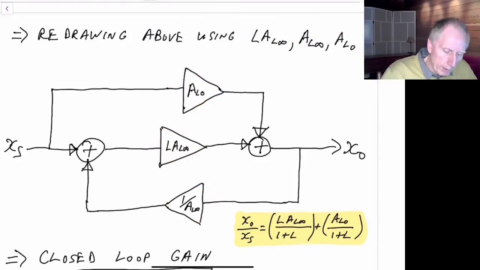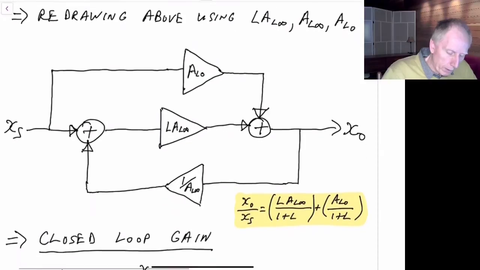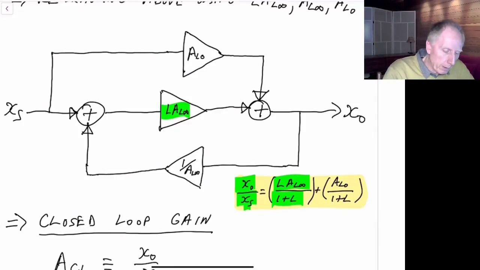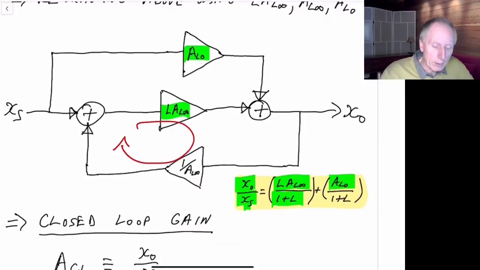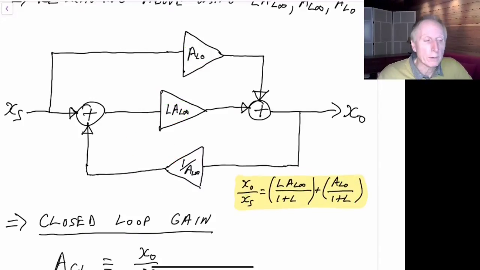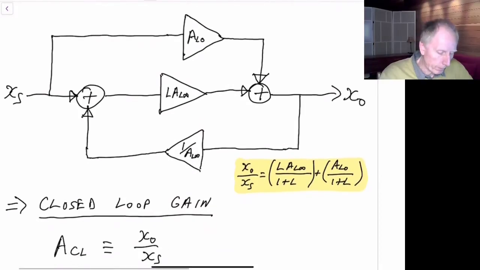If we find the transfer function for this block diagram, the gain from the input to the output is now given by A, which is given by this, divided by 1 plus the loop gain, which is the gain around this loop, plus A sub L0, which is here, divided by 1 plus the loop gain. So you can do the analysis and find that this gives you the transfer function.